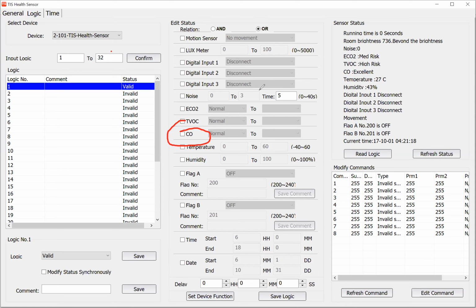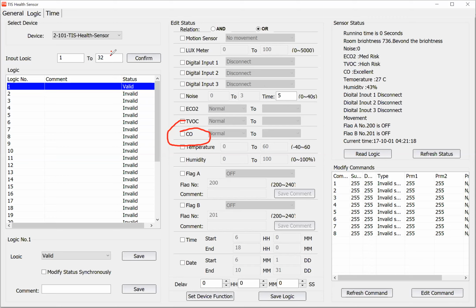It's generated by a heating system. For example, if you have an apartment and there is a fire, the heating system generates CO, or it's generated by a car in the parking lot.